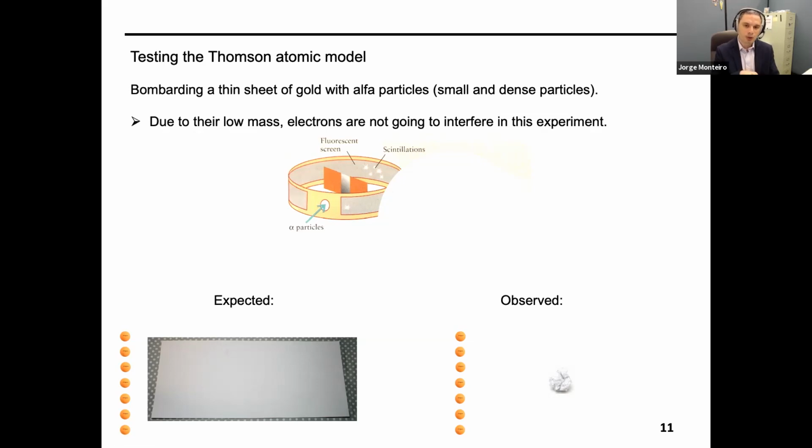So according to the Thomson atomic model, the mass of the atom is diluted throughout the atom, and we have these very light negative particles encrusted and diluted throughout the atom. So imagine here that we have a sheet of paper, okay? In a sheet of paper, the mass is not concentrated in one spot, but diluted.